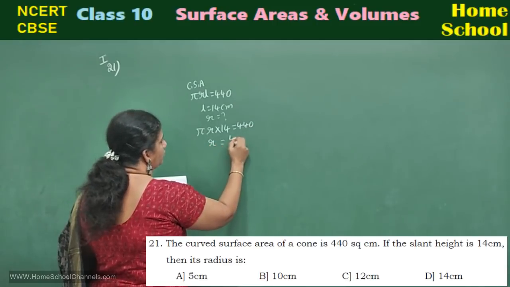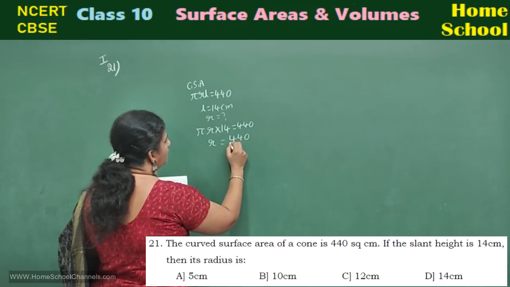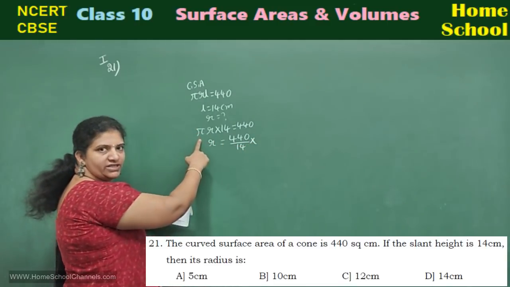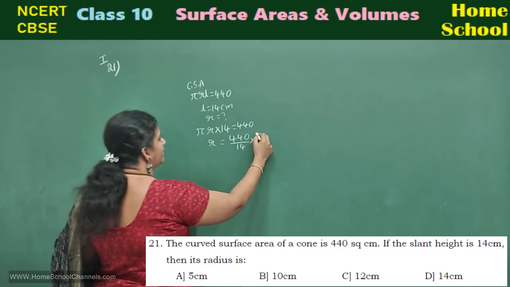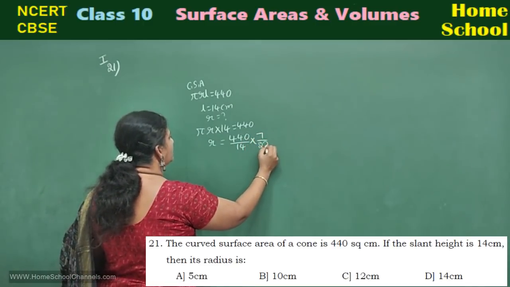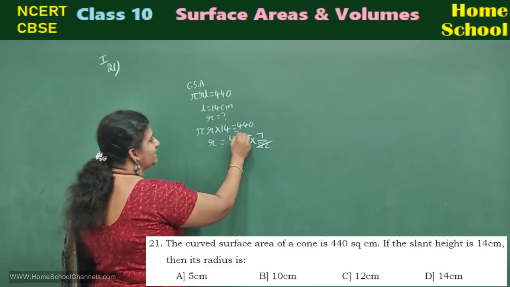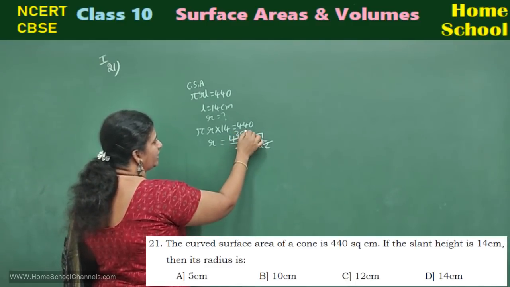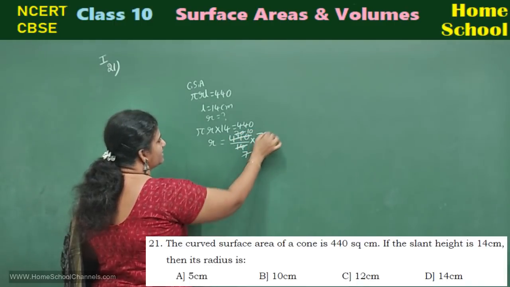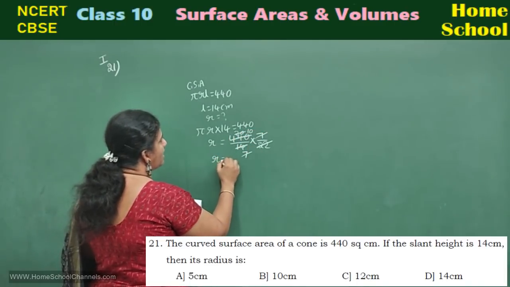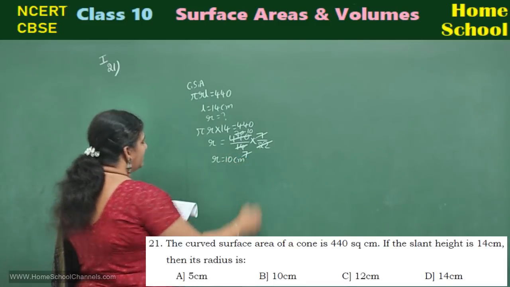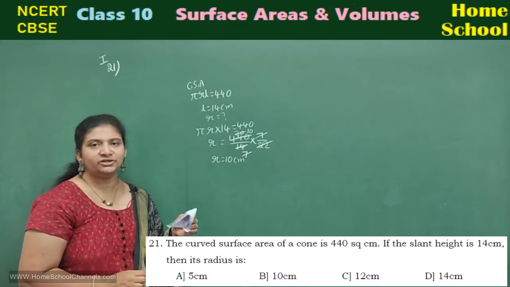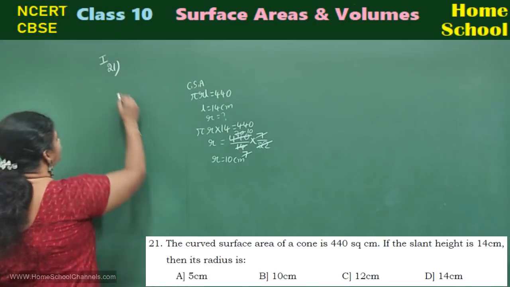R is equal to 440 by 14 into 22 by 7, which is your pi value. Send to the other side, it becomes reciprocal. 22 2s are 44, and this will be 2 7s are 14, 2 10s are 20. 7 cancel. R is equal to 10 centimeter. See the 21st one, which option is right? Option B, 10 centimeter.